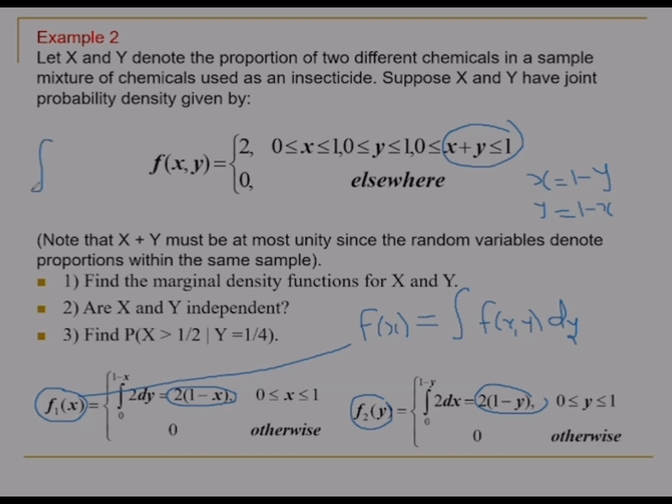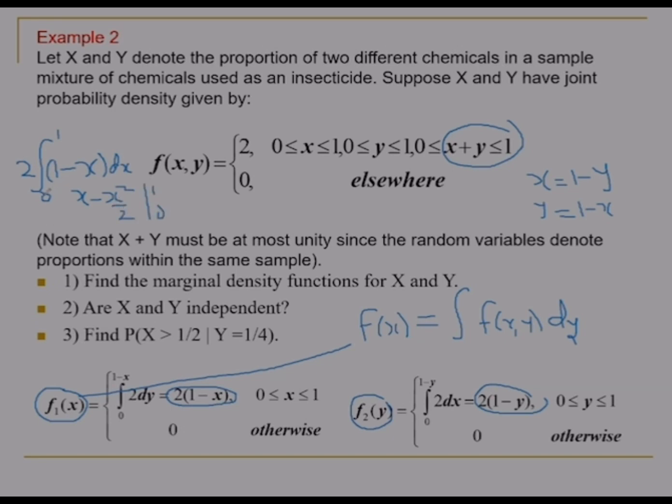If you do the integral, let me put the 2 outside, and you do 1 minus x, dx, and you basically use 0 to 1. So this is going to be x, and this is going to be x squared over 2. Now you want to use 0 to 1.